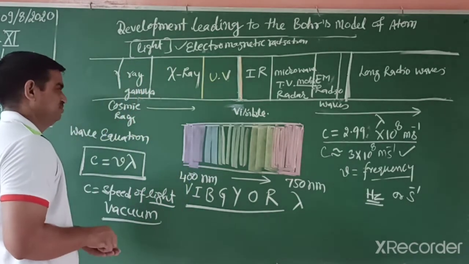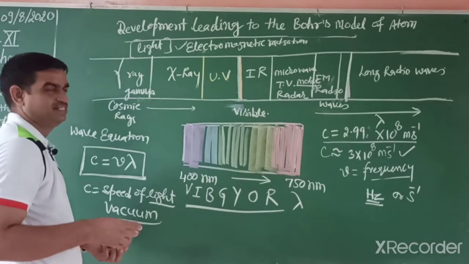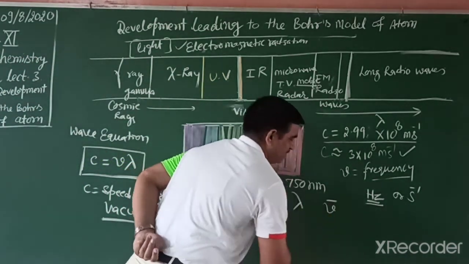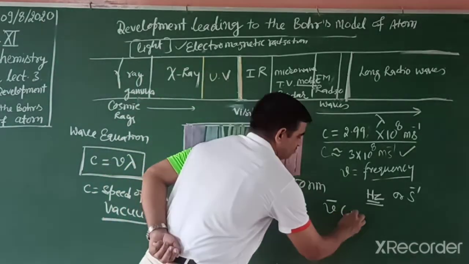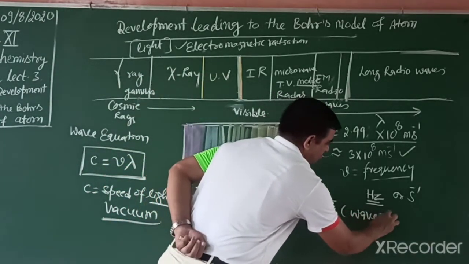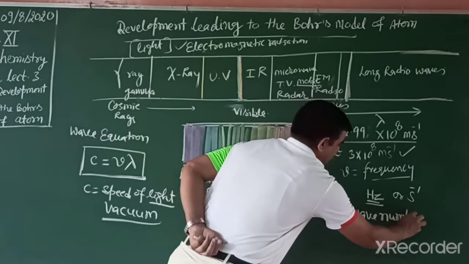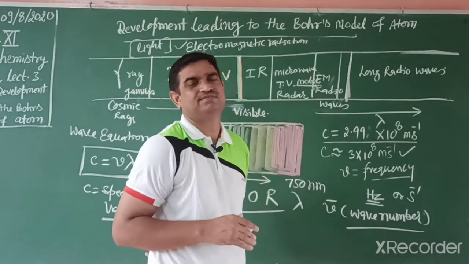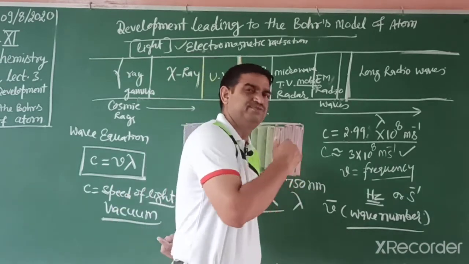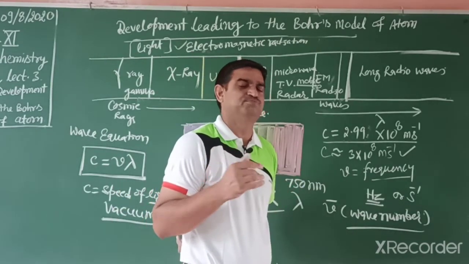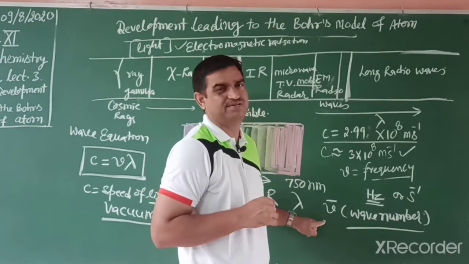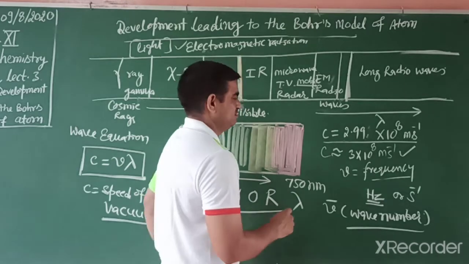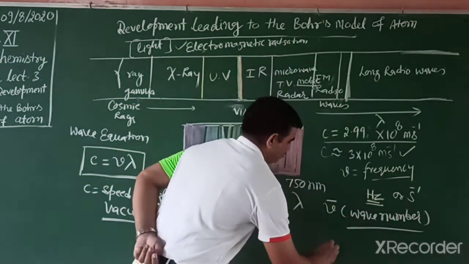And another phenomenon we explain is the wave number. Students, that is nu bar, as we write it. This is known as wave number. What is this? It is how many wavelengths per unit length. The number of wavelengths per unit length is known as wave number. It means it is a reciprocal.